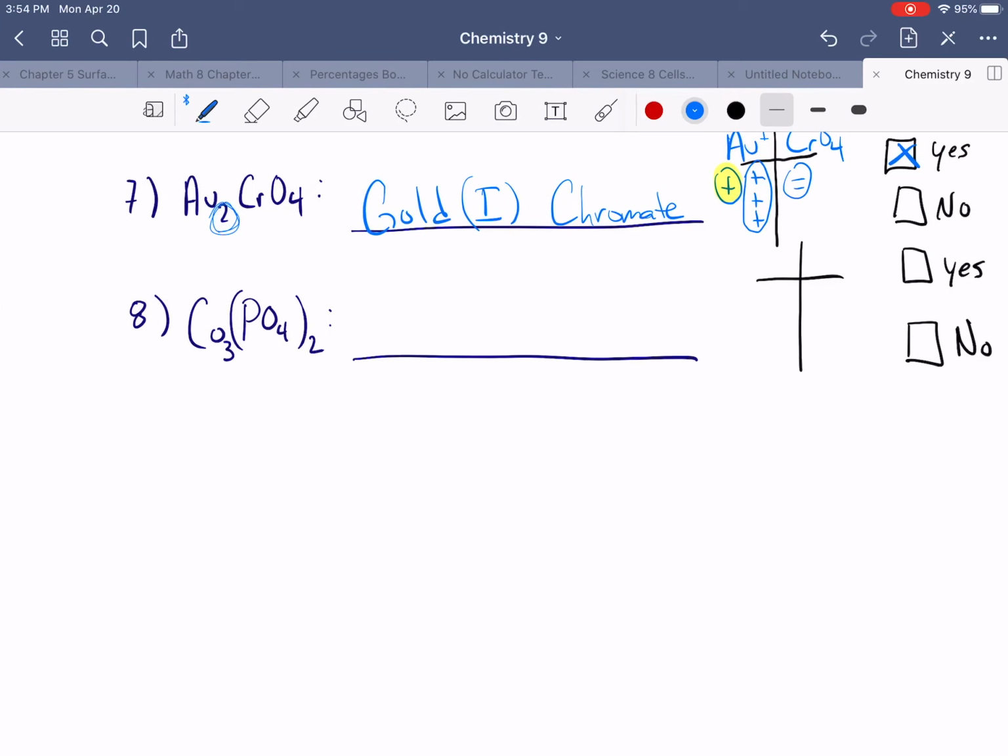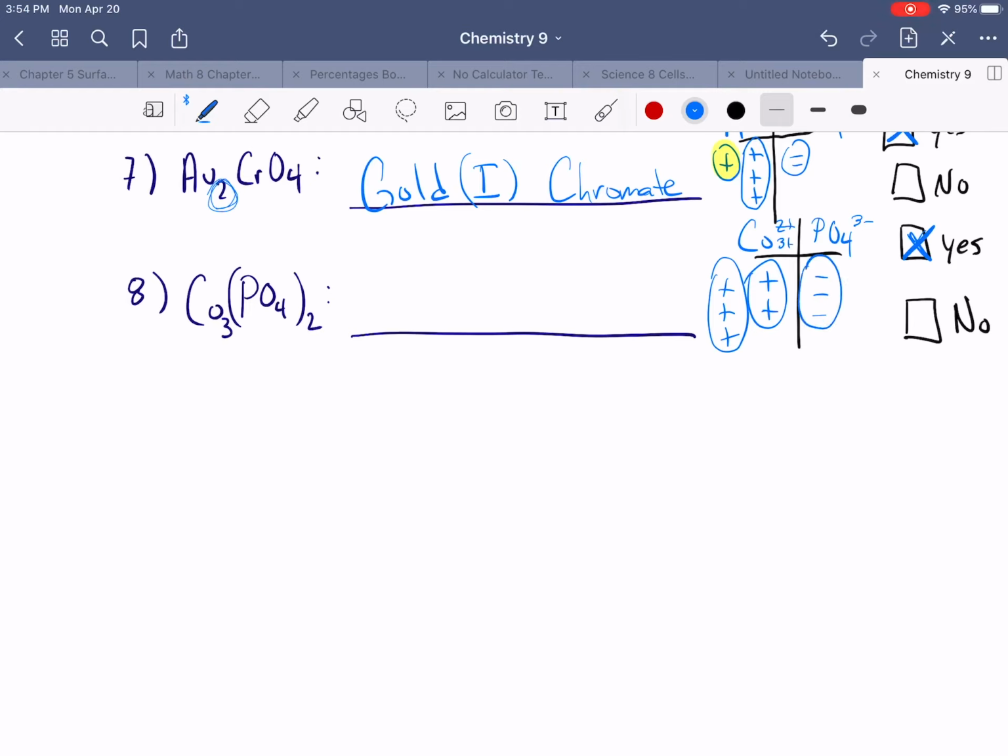And then this one is cobalt, Co. And then if I look at cobalt, I notice, oh yeah, it does need a Roman numeral as well because it has 2 forms. It has a 2 plus and a 3 plus. All right. And then PO4, if I just go up here and find my PO4, has 3 minus.